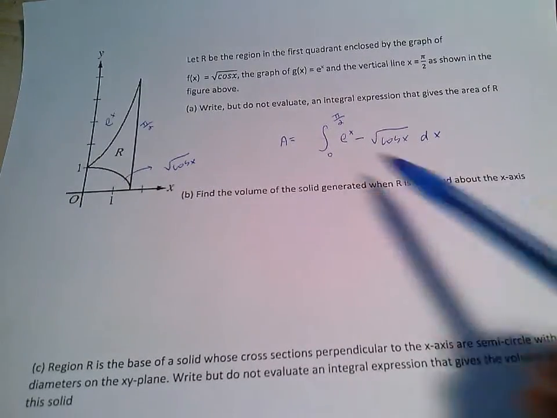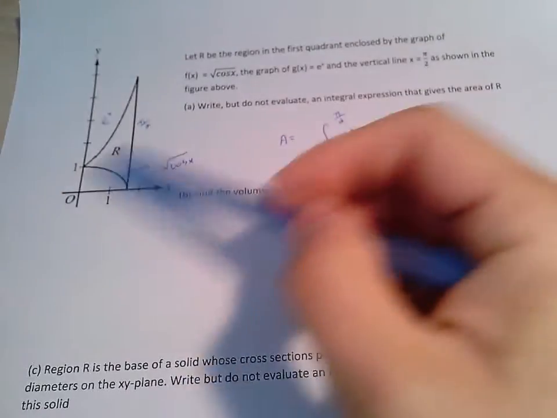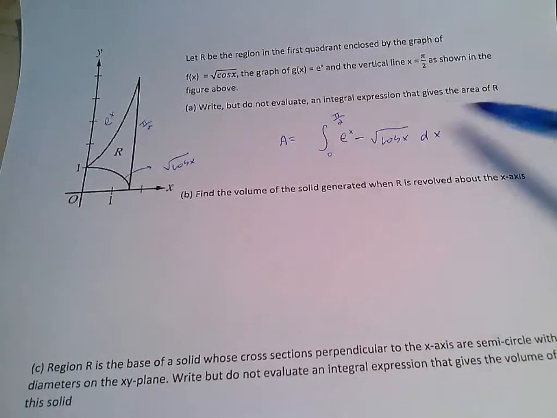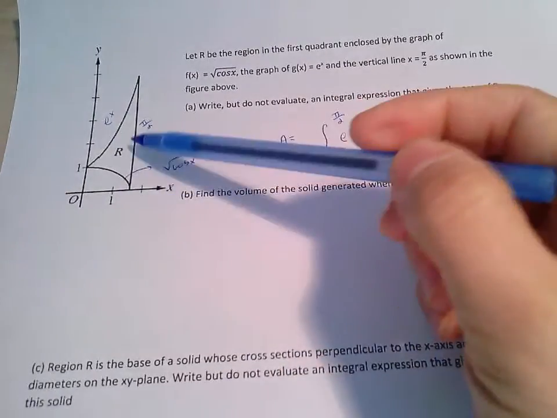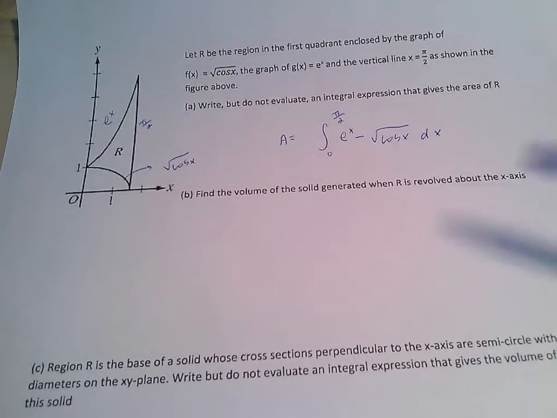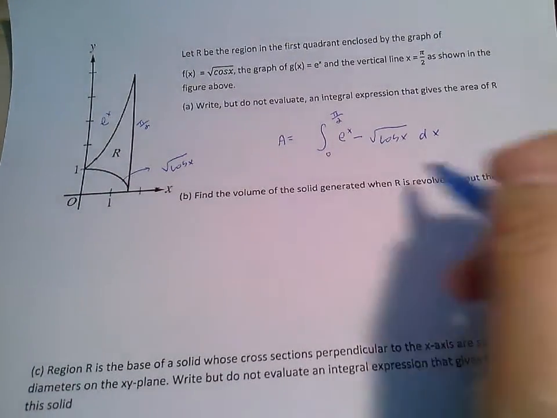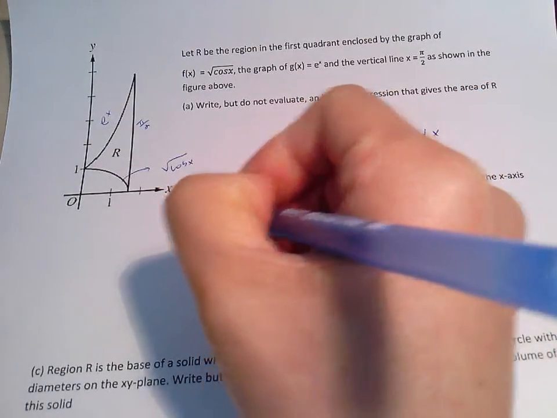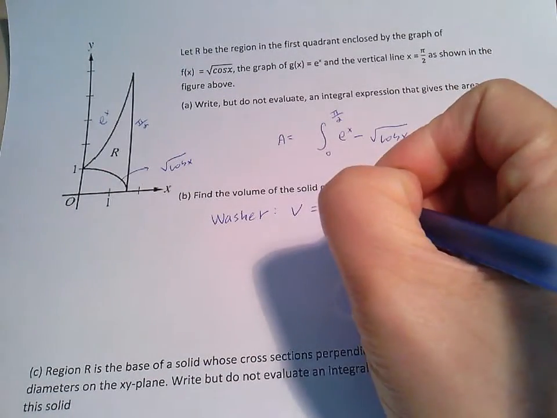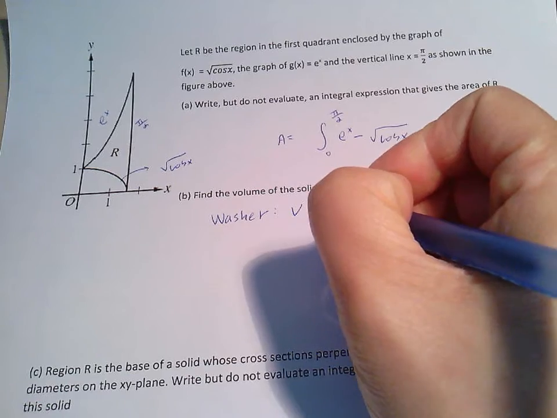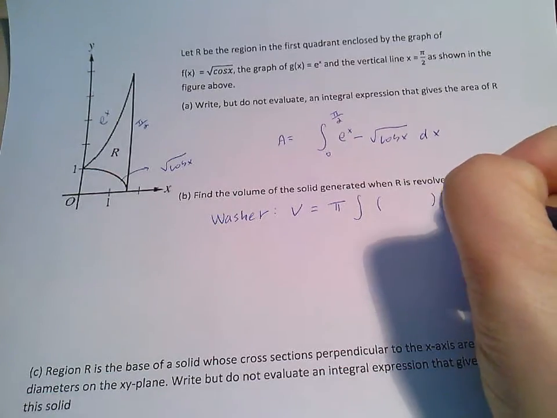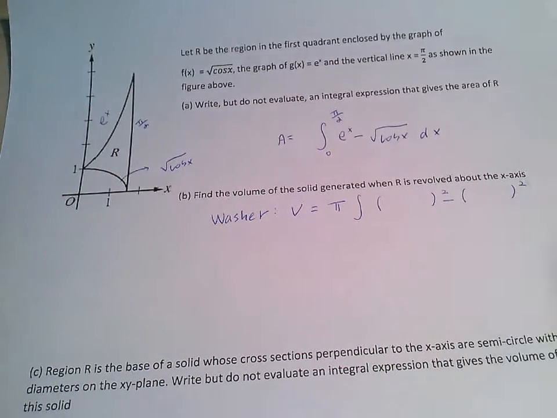Now, this one is a volume, going around the x-axis. If you go around the x-axis, we know there is a hollow, so we can use a washer. The volume is pi times the integral of outer radius squared minus inner radius squared.